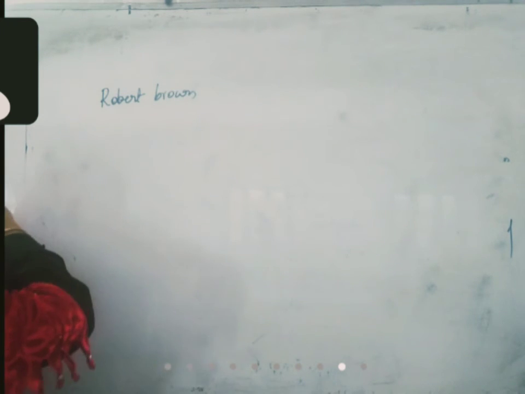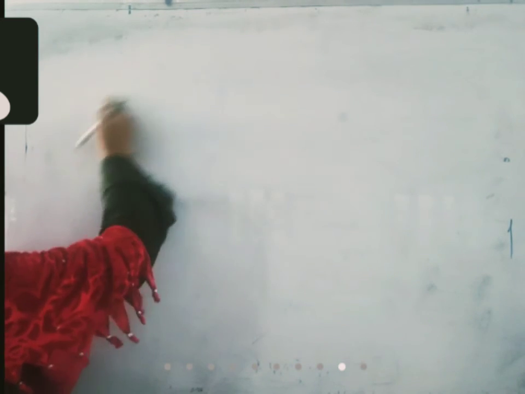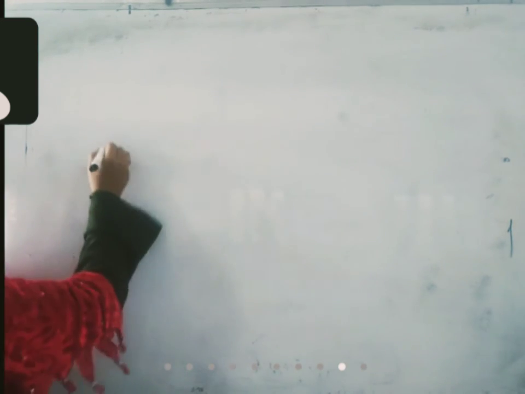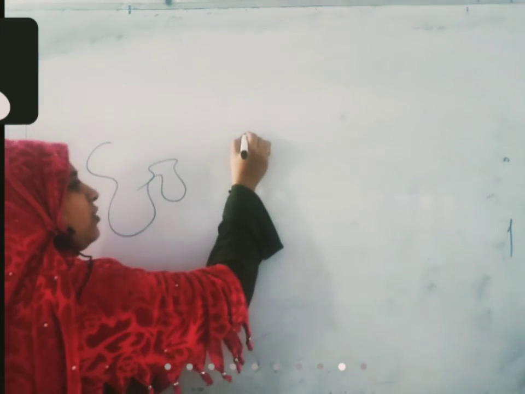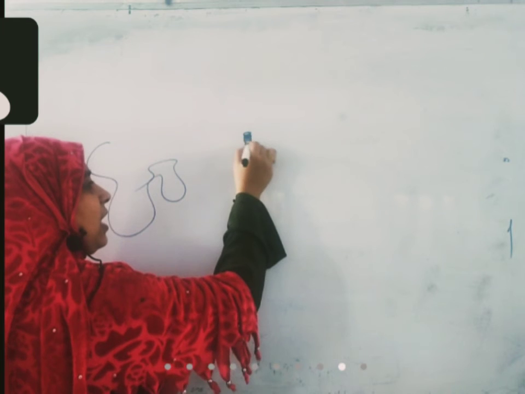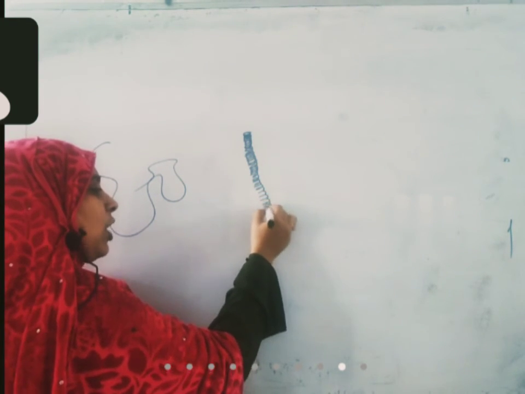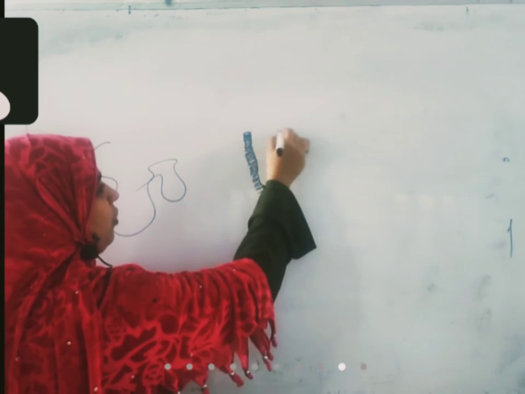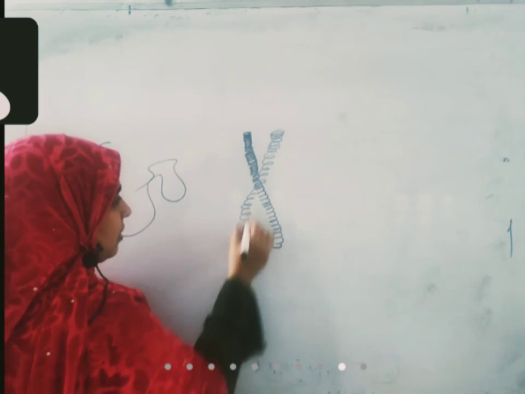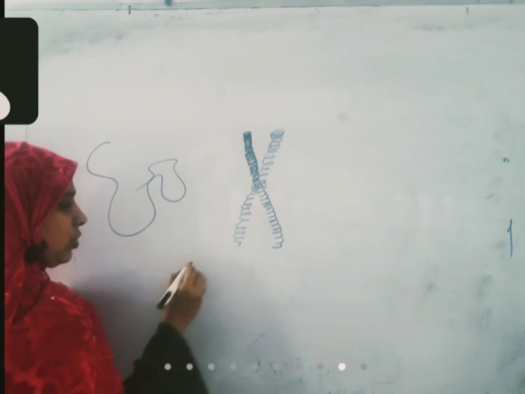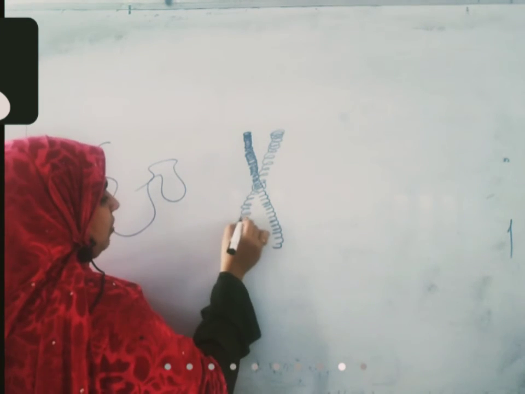When you observe chromatin material during cell division, when nuclear division takes place, it coils very tightly to form a structure called chromosome. Not this loose, but very, very tightly coiled.